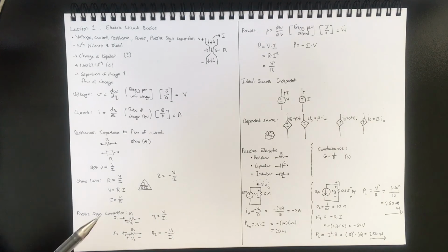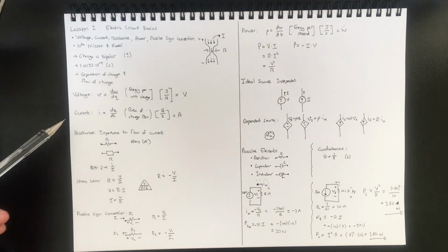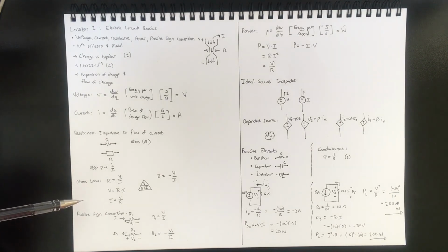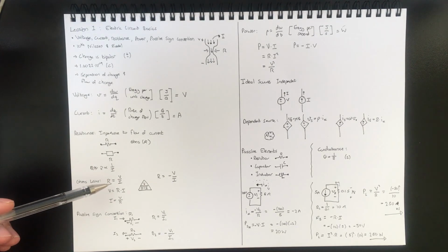So in this lesson we covered the three fundamental variables: voltage, current, and resistance. We defined what resistors are, and we defined the relationship of these three concepts using Ohm's law, noting that Ohm's law negates any kind of non-idealities such as heating or cooling.